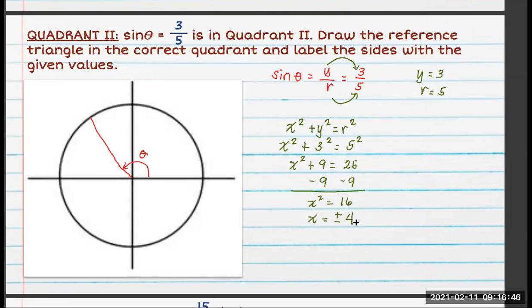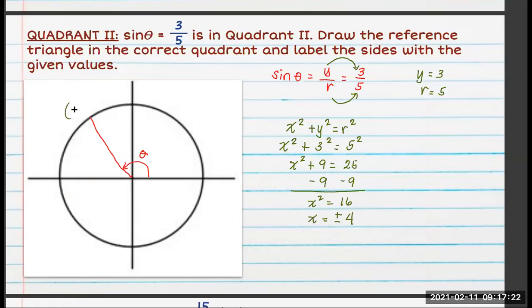All right. Now question. Where is quadrant 2 again? Where is theta again? What quadrant? Second quadrant, right? It's in quadrant 2. What is the sign of x in the second quadrant? Positive or negative? In the second quadrant, what is the sign of x? It is negative, right?